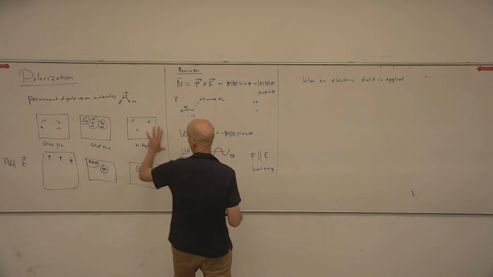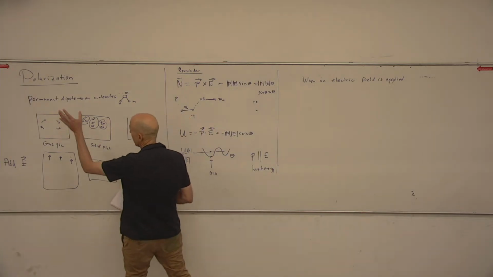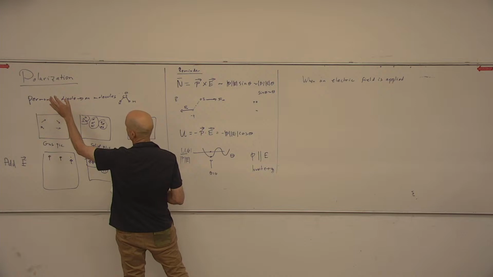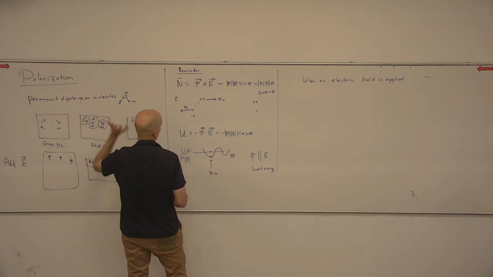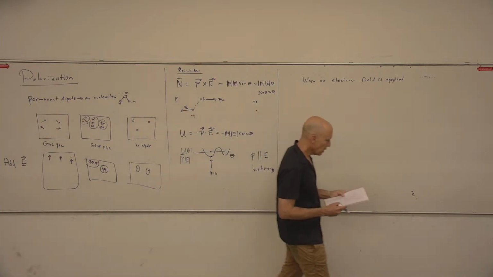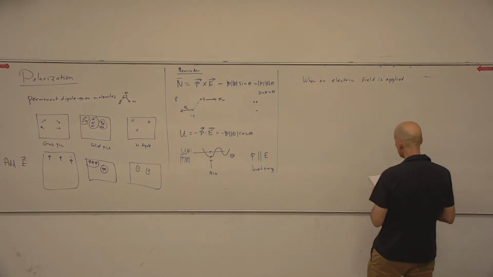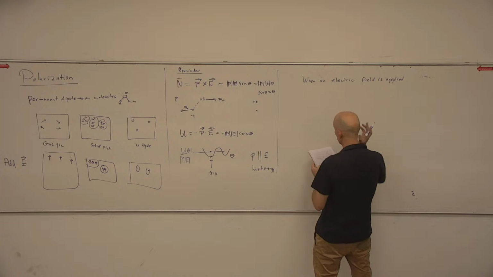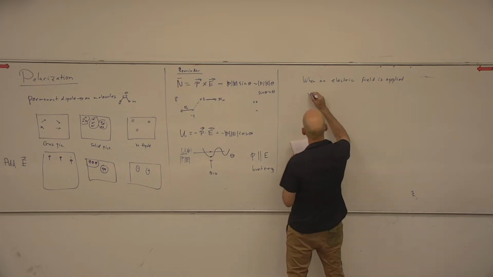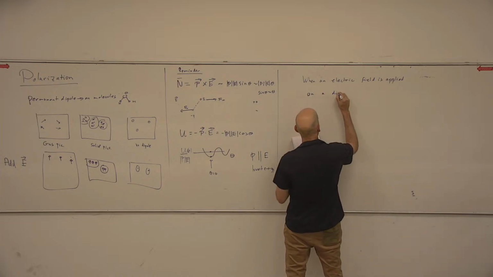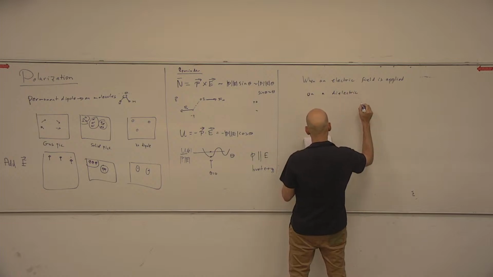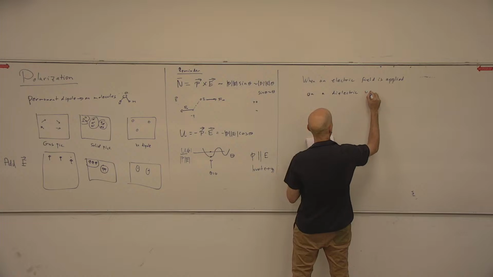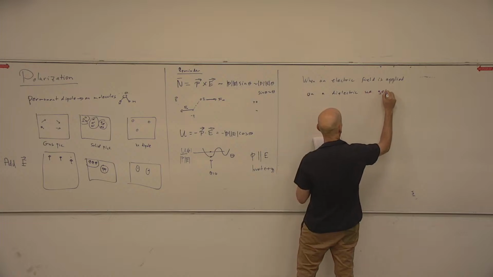So this is not the whole story. There are systems where zero field still has polarization. I have to emphasize this. So when an electric field, this is a typical situation, is applied on a dielectric, we get something called polarization.